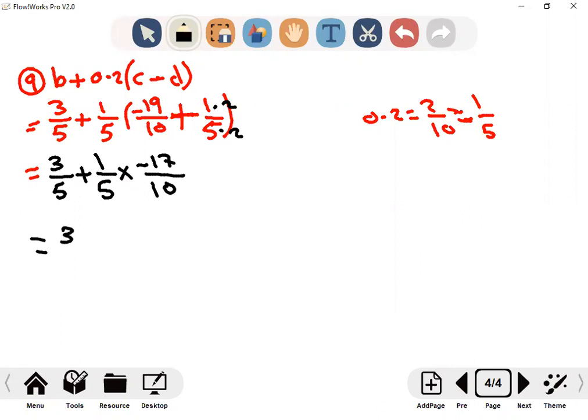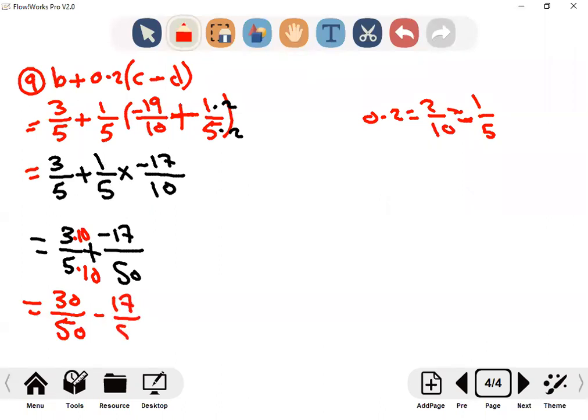Equals 3 over 5, it doesn't matter. Do the multiplication: negative 17 over 50. Now the 5 can be 50. Equals 30 over 50 minus 17 over 50, so 30 minus 17.